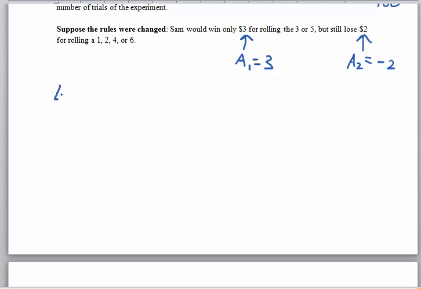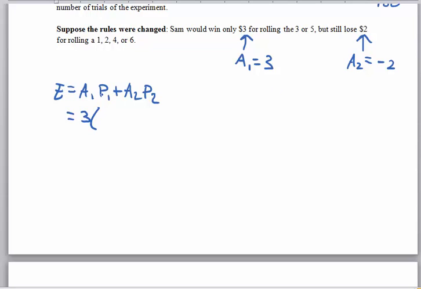So my expected value is just going to be A1 P1 plus A2 P2. Again, it's the same calculation, the same formula, but in this case the A1 is only 3. So that's the only number that's going to change.